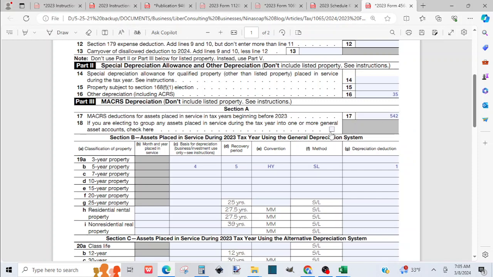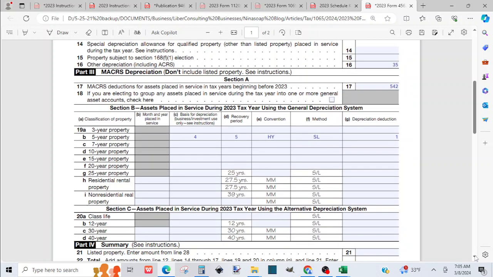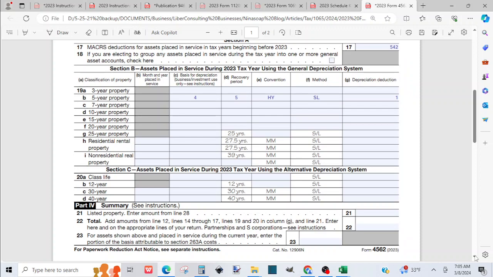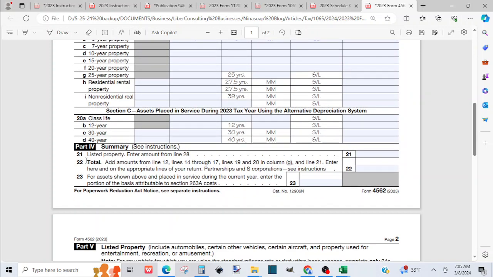Okay, and we are not going to check that because you are not going to group anything. We already have line 19B for Section B, Part 3, depreciation for business assets placed in service during the tax year we are filing, completed. We will scroll down to the summary, and we'll just complete the summary on one form. Lease property, we do not have, it is below, so we are going to leave that alone.